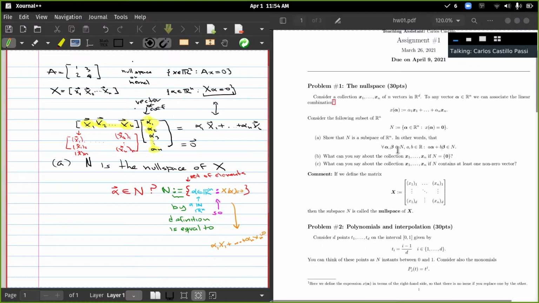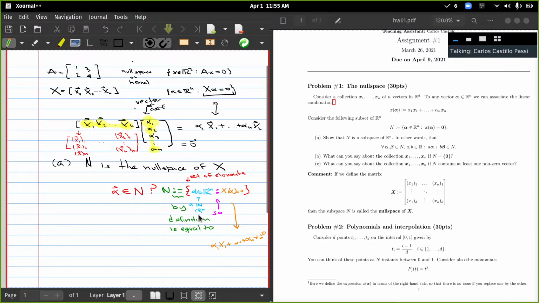So obviously, if you are trying to do a linear combination of alpha and beta that already are elements of the null space, it's obvious that the first condition here in light blue is satisfied, right? As alpha and beta are already in N, obviously they are also elements in Rn, so we don't have a problem with this part in light blue.